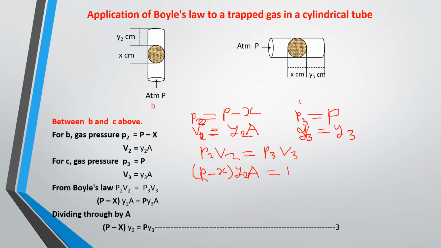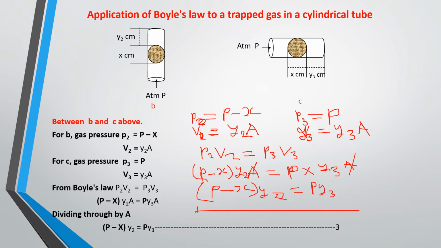Then P3 is P times V3, which is Y3 times A. The A will cancel out as we discussed before, and your equation will now be (P minus X) times Y2 equals P times Y3.